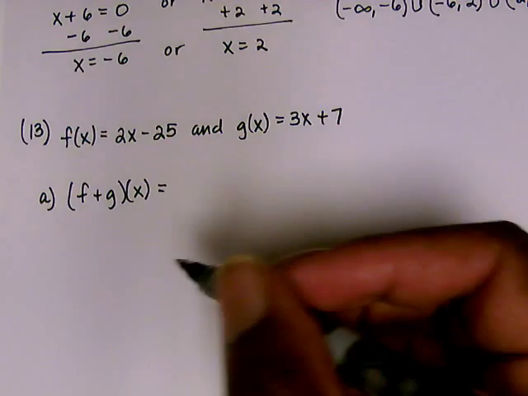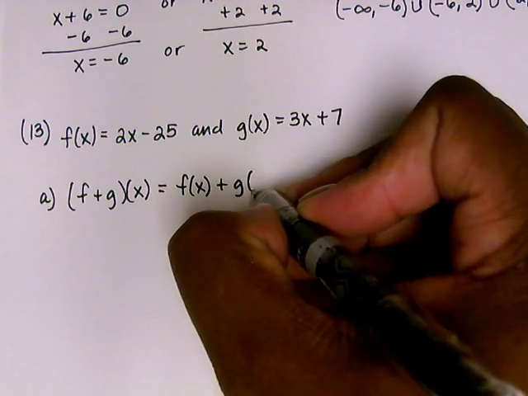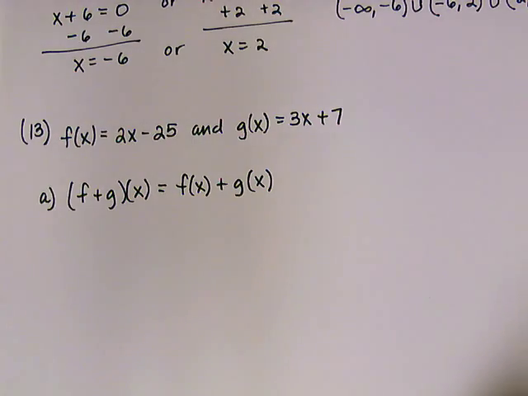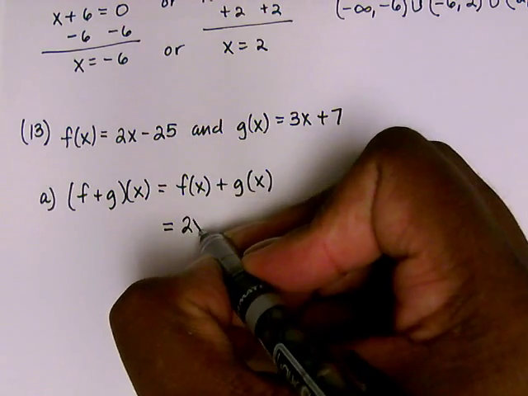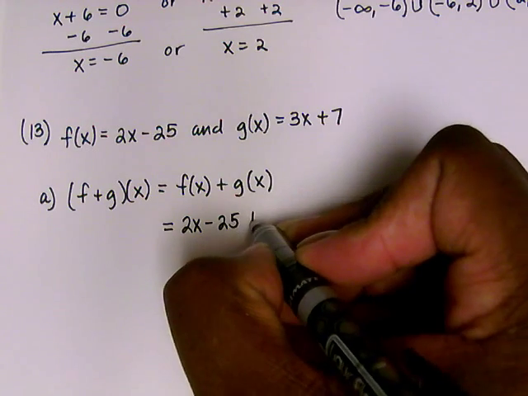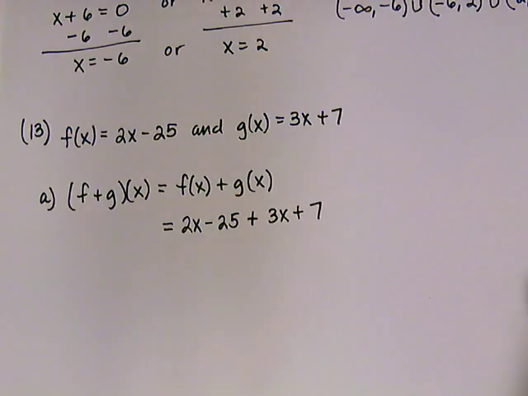Well, f plus g of x, that's simply f of x plus g of x. And in this case, my f of x is given as 2x minus 25 plus g of x, that's 3x plus 7.